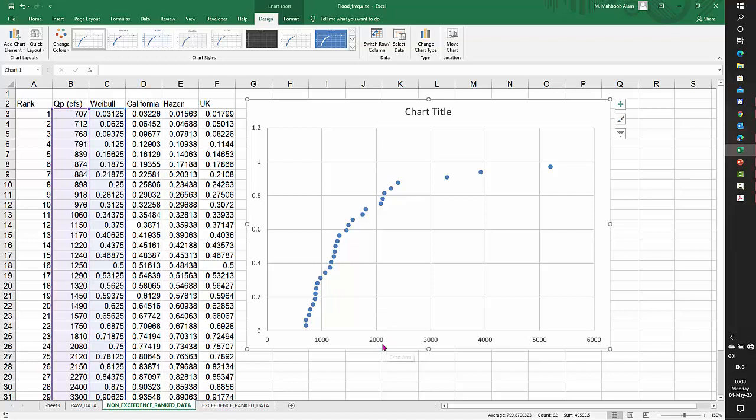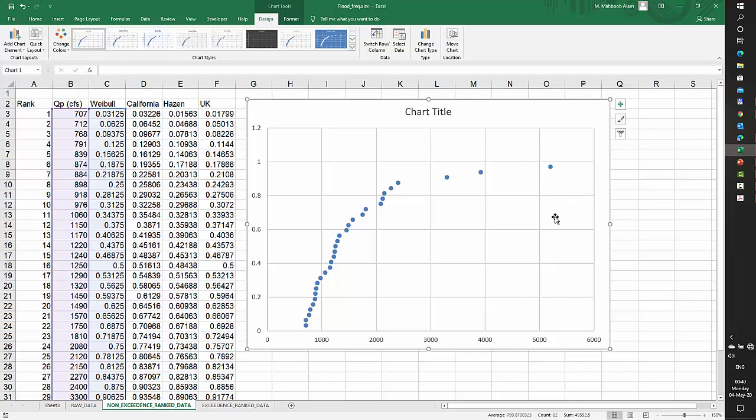What is the probability that the value of 2000 cubic feet per second is not exceeded for this river? Very easy: I look at the maximum value. There is almost a 100% chance that this value would not be exceeded in my record.